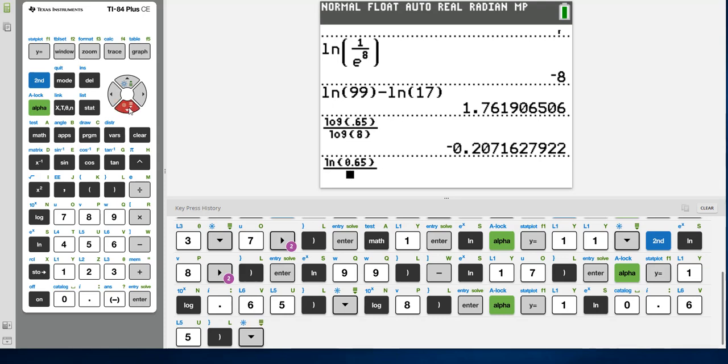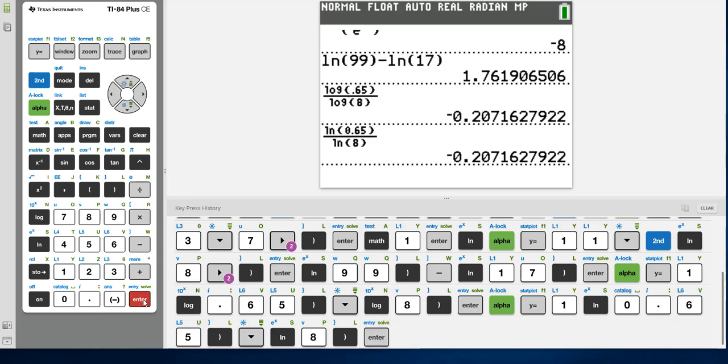Press the down arrow. Press ln. Type in 8 and press close parentheses. Press enter. After rounding to 4 decimal places, this also gives us negative 0.2072 as our answer.